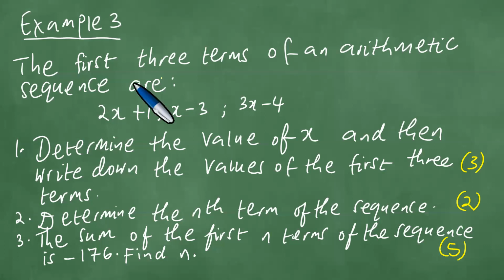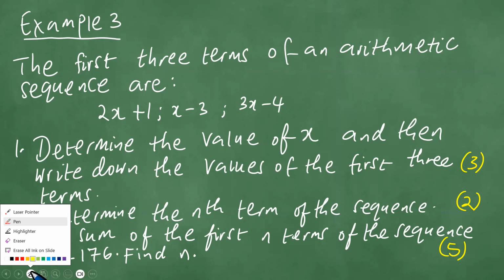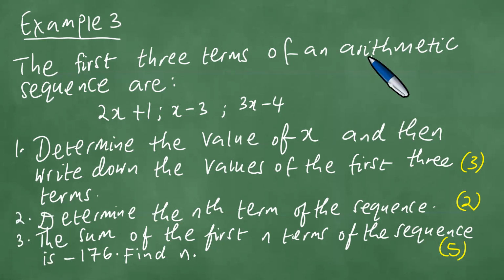So now the first 3 terms of an arithmetic sequence are the ones given.